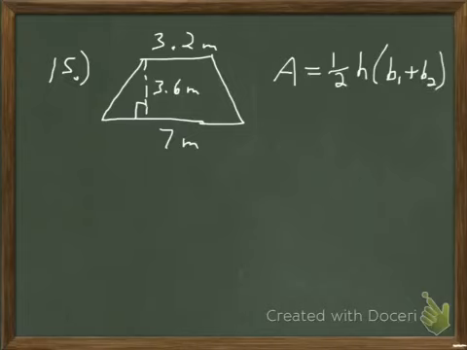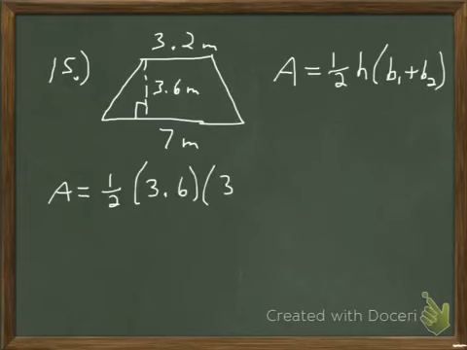To fill in what we know here, we know the 1/2. The height is the one that is always beside the line that has the right angle. That is always your height. So the height is 3.6. The bases are 3.2 and 7. The two parallel lines basically make up your bases.